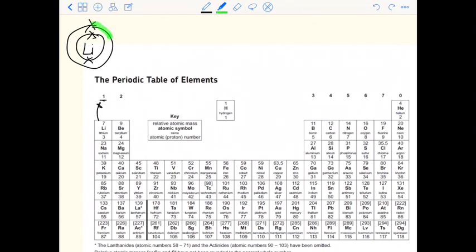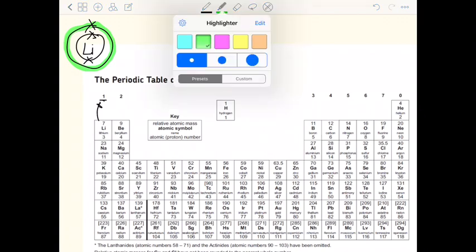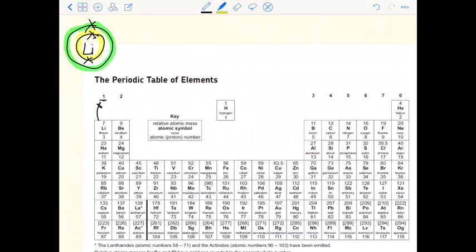So it can either try to fill its second shell, or it can get rid of its second shell and make the first shell its outer shell. For lithium to fill its second shell, it would need to gain 7 electrons, or it can lose 1 electron. So it's far easier for lithium to lose 1 electron than to try to gain 7, because 7 is bigger than 1. So it will try to lose that 1 electron, and lithium will turn into this to become stable.